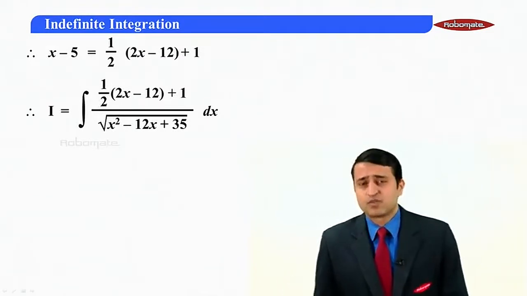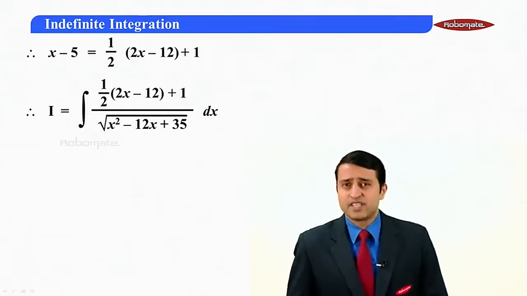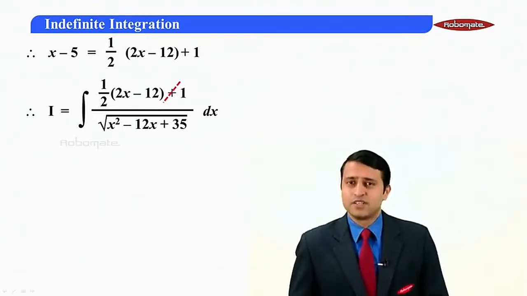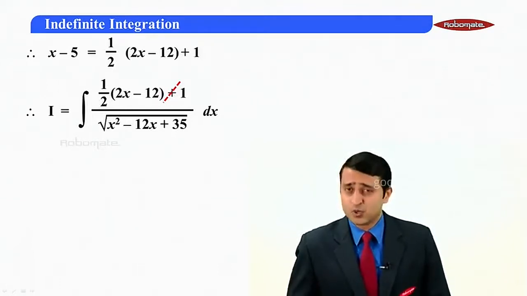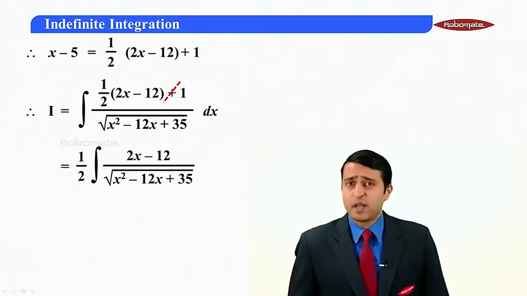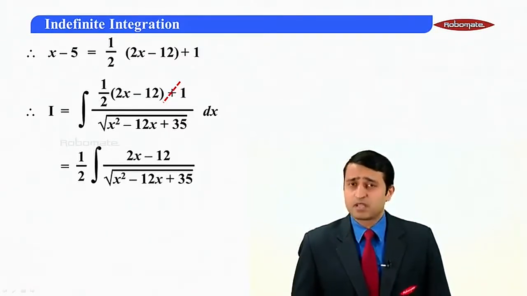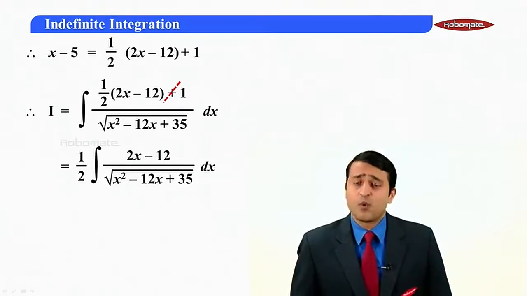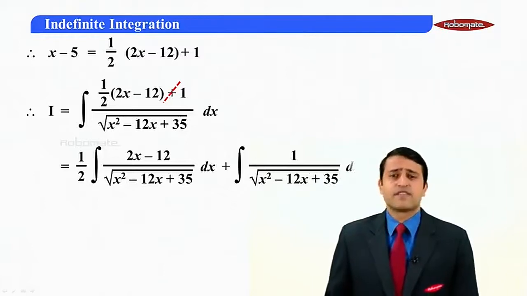Now my dear students, what we can do after this is separate the numerator. So we'll get half integral of 2x minus 12 upon root of x square minus 12x plus 35 plus 1 upon root of x square minus 12x plus 35 dx.